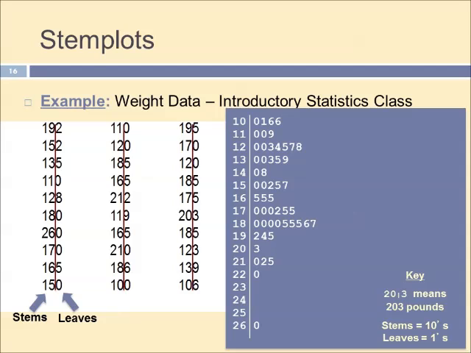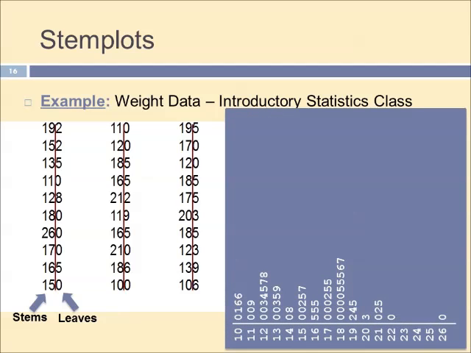So notice in this case, for example, 20 and then the leaf 3 actually means 203 pounds. So we retain that number. The stems are in terms of tens. The leaves are ones. Now, if we look at this and turn it 90 degrees, the stem plot actually looks basically like a histogram. And that's not by accident. That's the purpose.